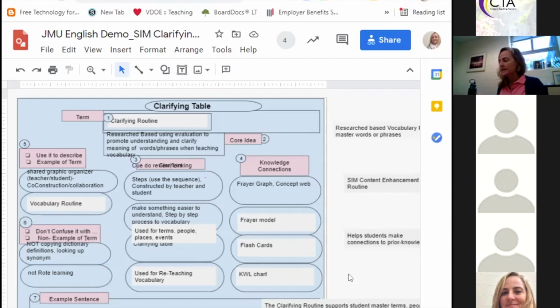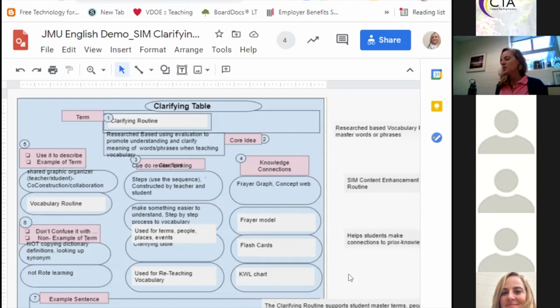That's what it is. And we're going to remember that it's got steps to it. It's got linking terms to it. It helps the students understand vocabulary better. It is used for reteaching of people, places, ideas, terms and events. But it is not students looking up things.